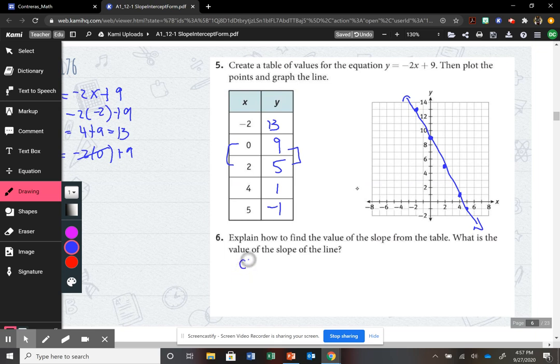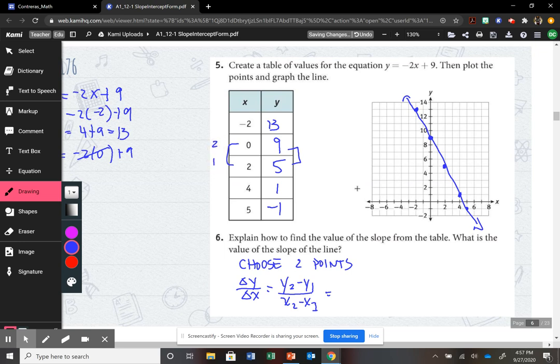All right, so how do you find the slope from a table? So you choose 2 points. And all you do is the change of y over the change of x formula, which is y2 minus y1 over x2 minus x1. Let's call this point 2, call this point 1.